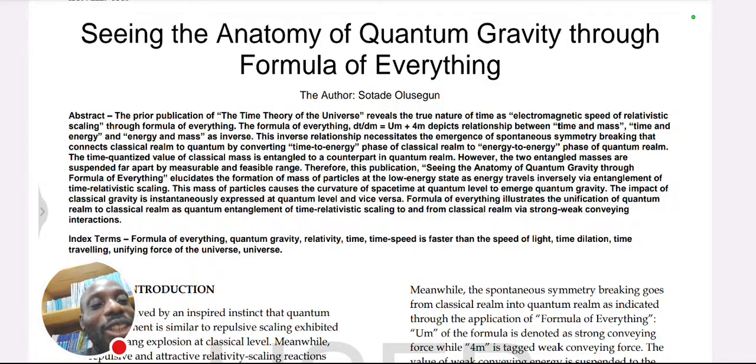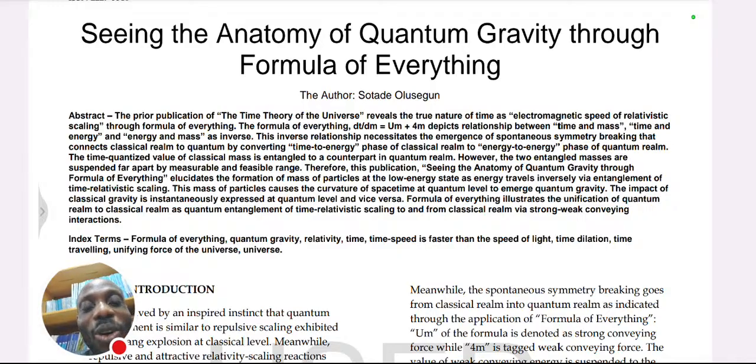Therefore, this publication, Seeing the Anatomy of Quantum Gravity through Formula of Everything, elucidates the formation of mass of particles at the low energy state as energy travels inversely via entanglement of time relativistic scaling. This mass of particles causes the curvature of space-time at the quantum level to emerge as quantum gravity.